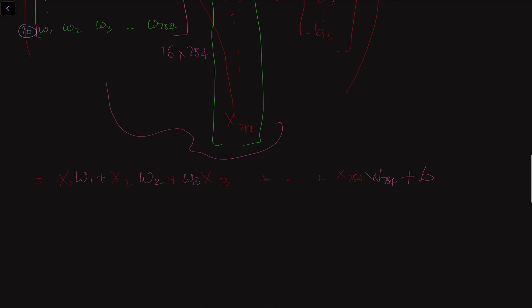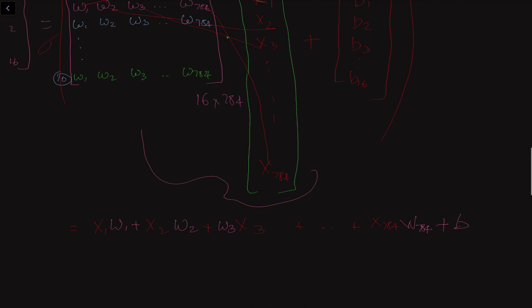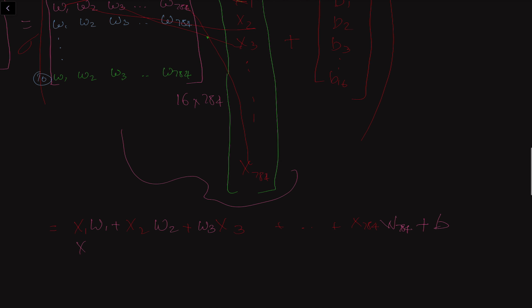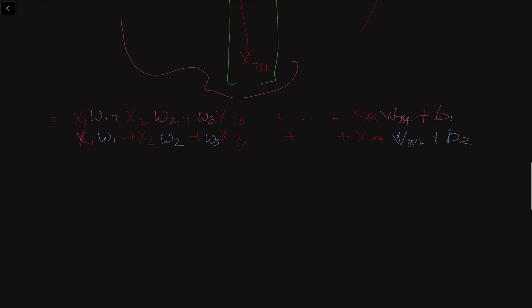Similarly, the next one will be the same. X1, plus X2, plus X3. I'm going to write the weights. I'm just going to change the colors, that's why I'm writing this first. And then let's go blue. W1, W2, W3, W784, plus B2. And so on.